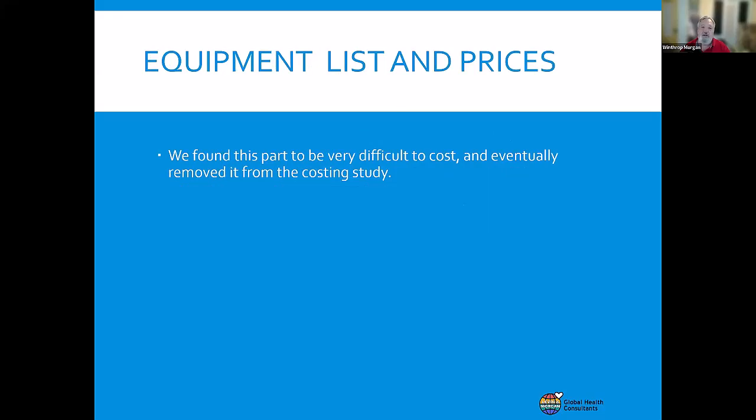Again, we found getting an equipment list, the costing, and trying to get the percentage of time for which the different pieces of equipment were used for typhoid related cases or INTS, that was really problematic.